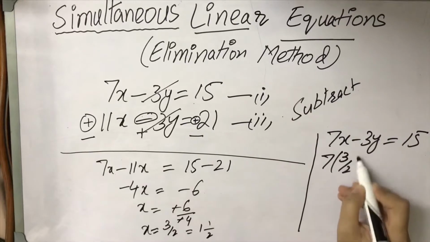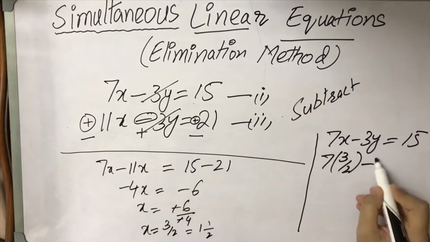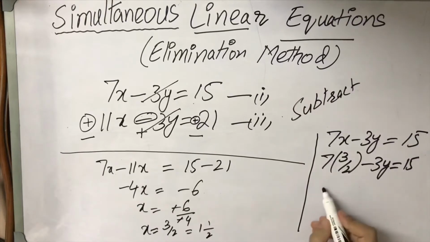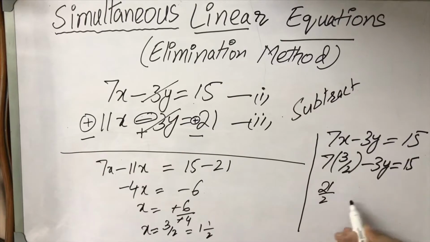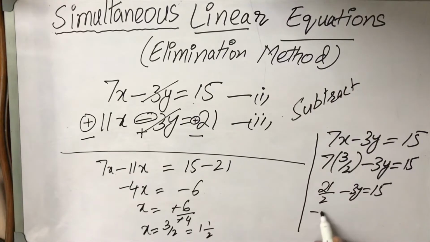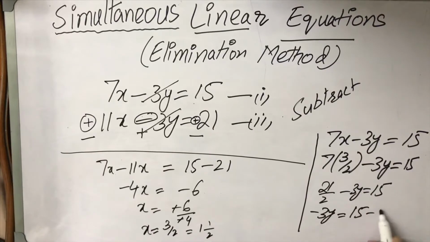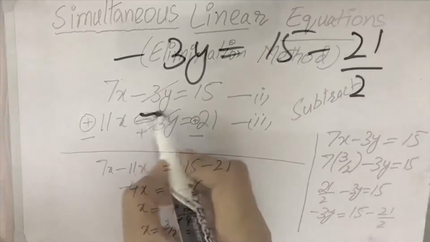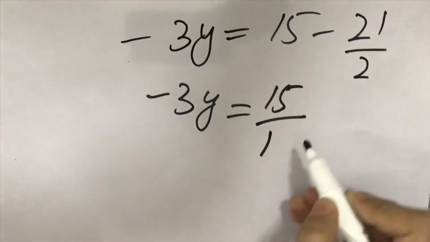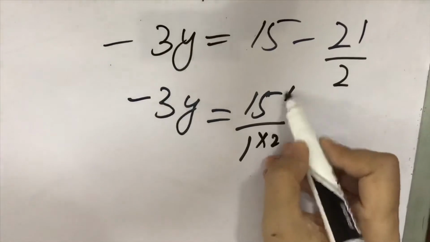7x, instead of x I have written 3 over 2, minus 3y as it is equals 15. 21 over 2 minus 3y equals 15. Minus 3y will remain here. 15 minus 21 over 2, minus 3y equals, I shall make it 15 over 1 and multiply both with 2.